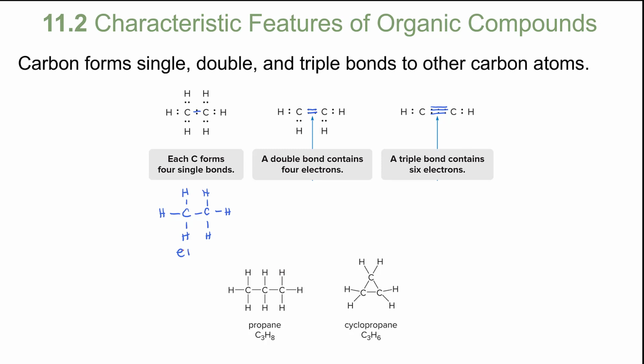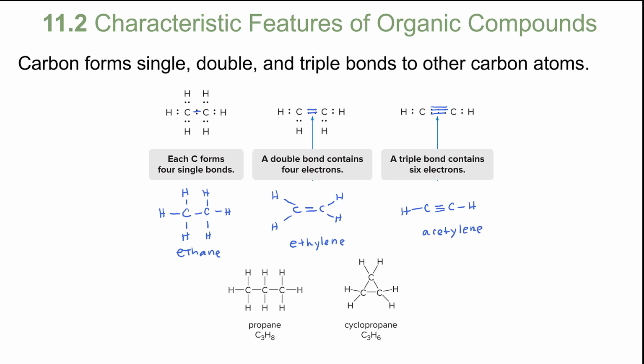This molecule happens to be ethane. Carbon with a double bond. This is ethylene. And then carbon with the triple bond is acetylene.